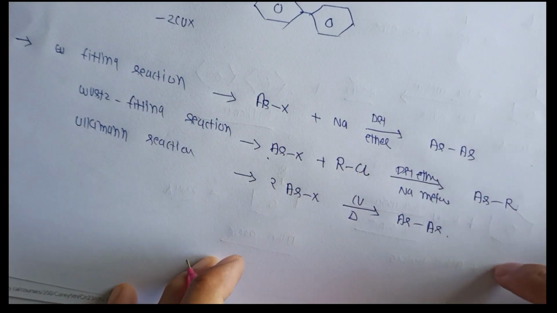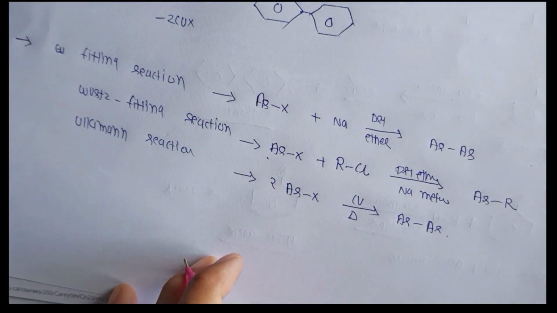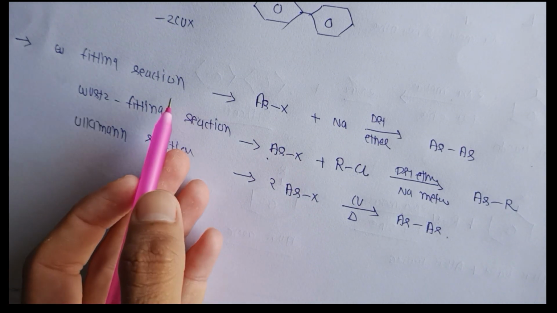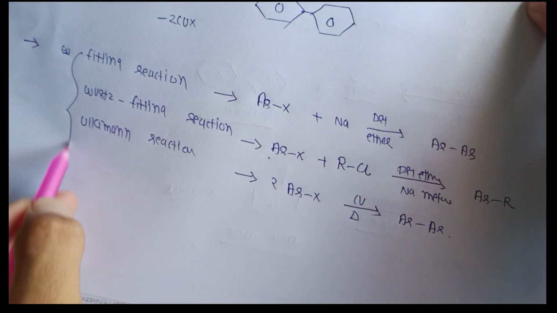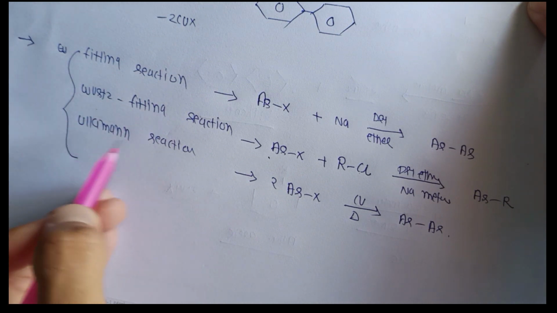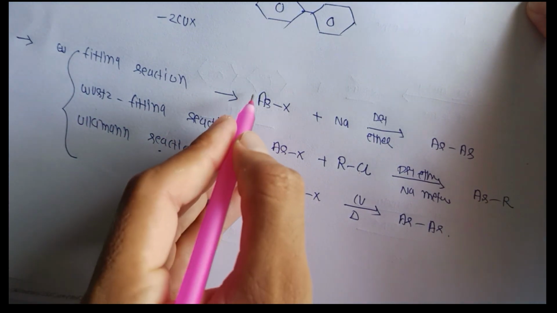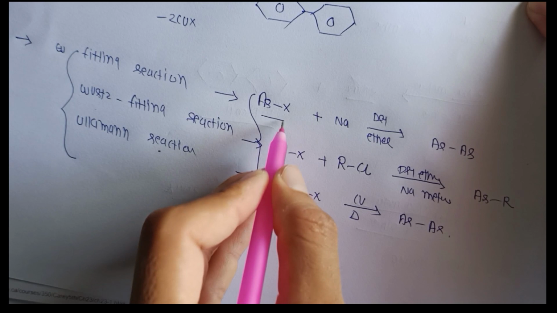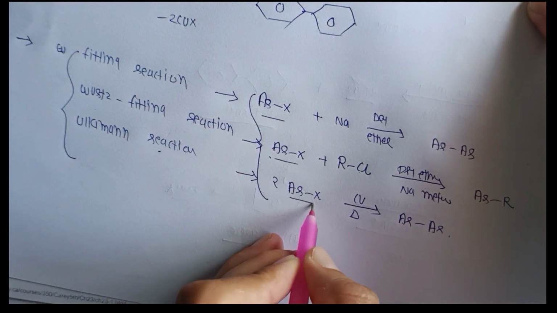This is the shortcut for the 3 aryl halide chemical reactions: the Fittig, Wurtz-Fittig and Ullmann reactions. The starting reagent is aryl halide.